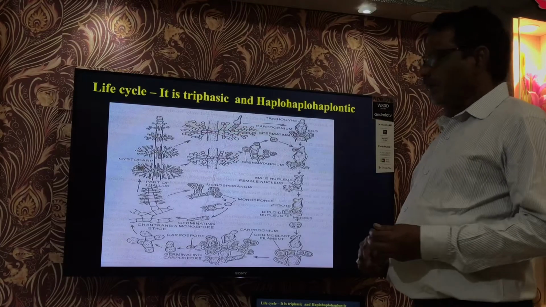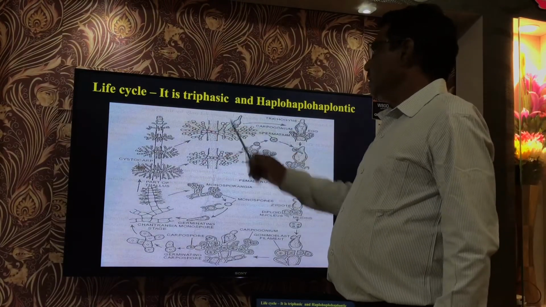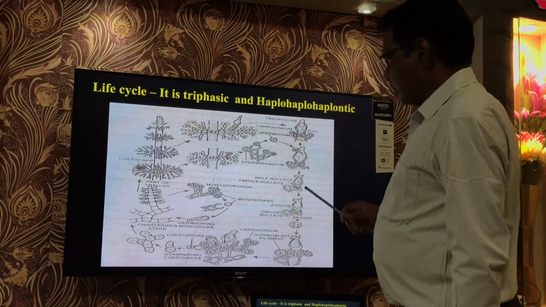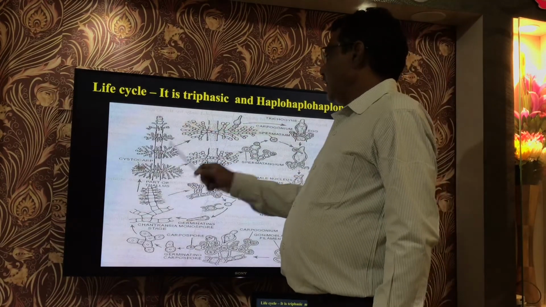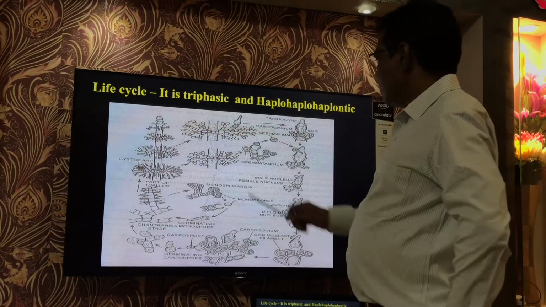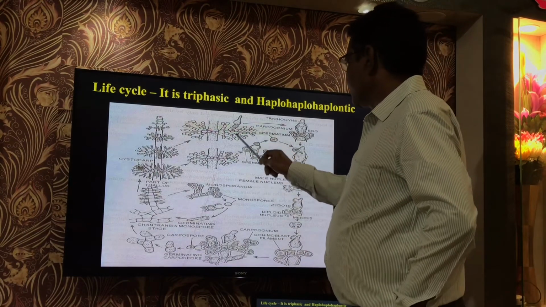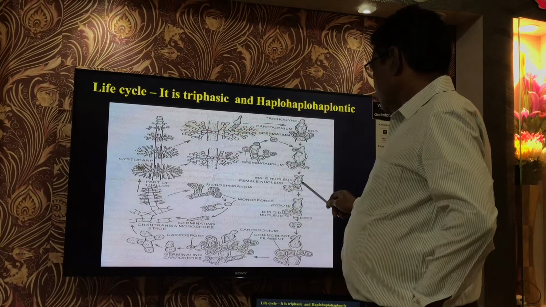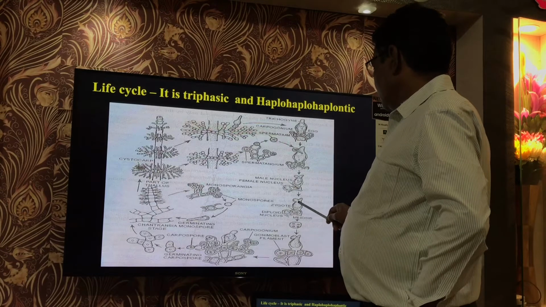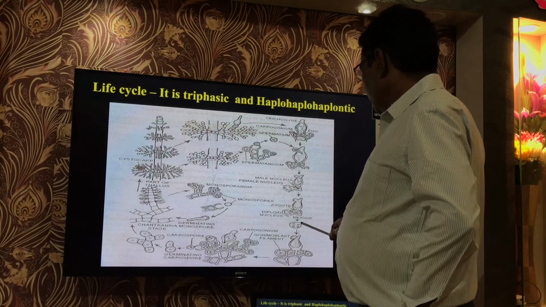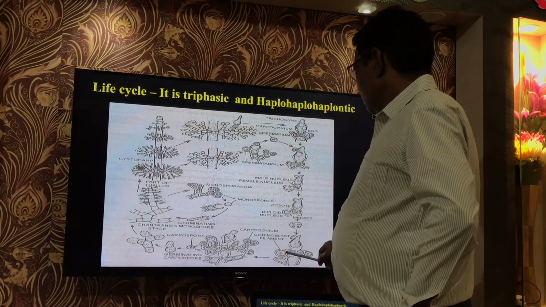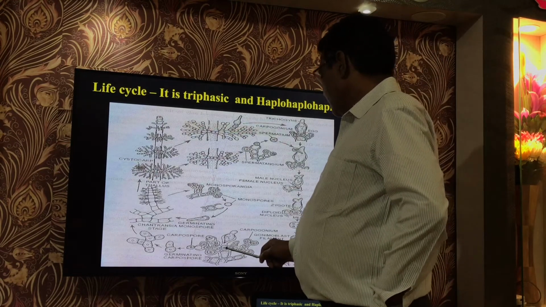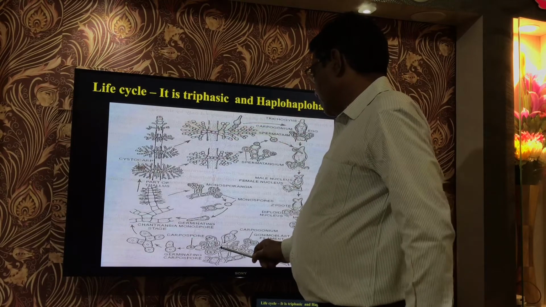Then the next point is the life cycle of Batrachospermum. If you observe this life cycle, here this is the adult gametophyte. This adult gametophyte reproduces sexually by means of a highly advanced oogamous type of sexual reproduction that results in the formation of a zygote. Then this zygote undergoes reduction division, and here the haploid generation, a new generation in the life cycle, is formed, that is called the carposporophyte or cystocarp.